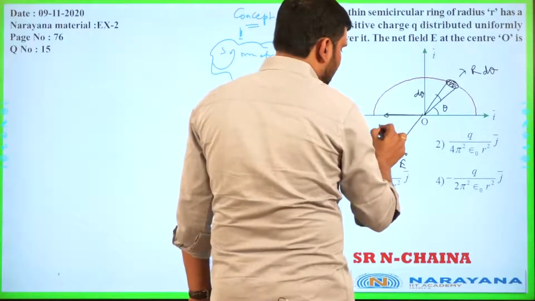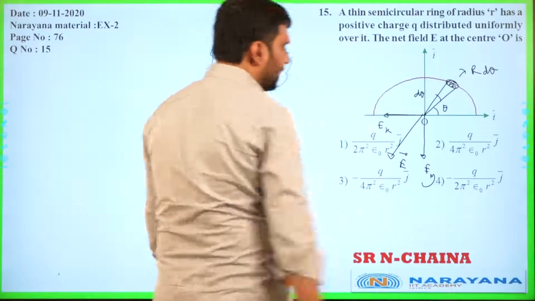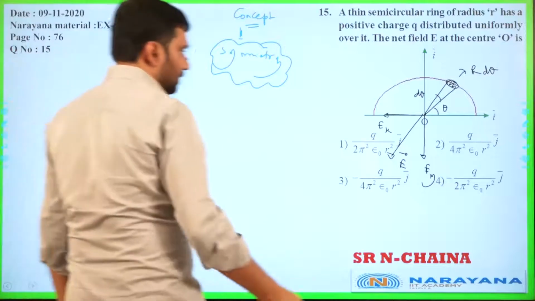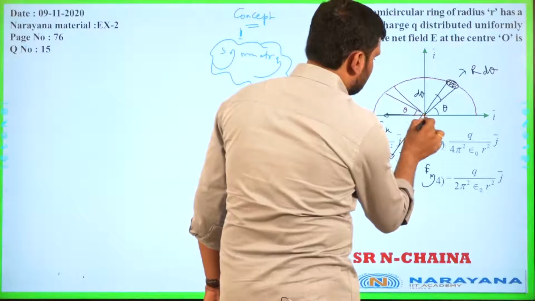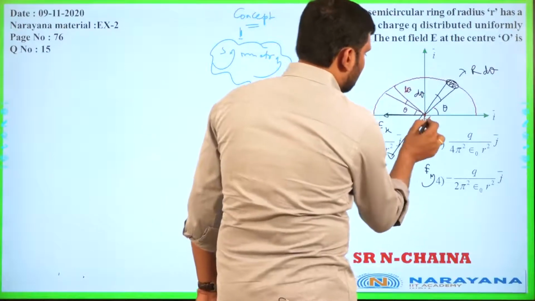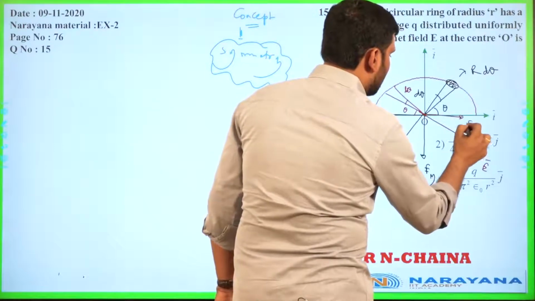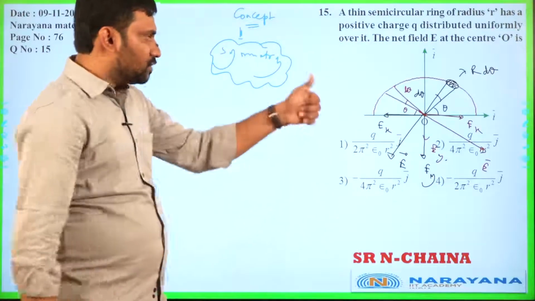E has two components, Ex and Ey, right? Similar conjugate element we can have here, the left side. You check. We can have theta. This is d theta. Similarly, here is the electric field, x component. This is y component. So, which one is surviving?